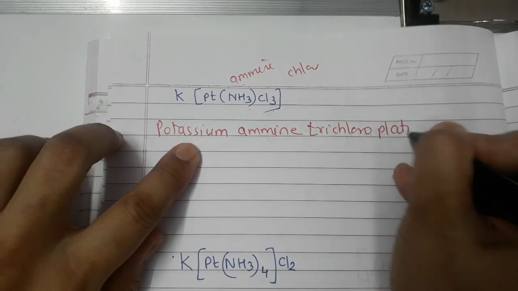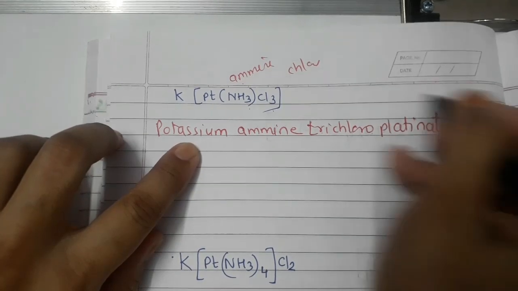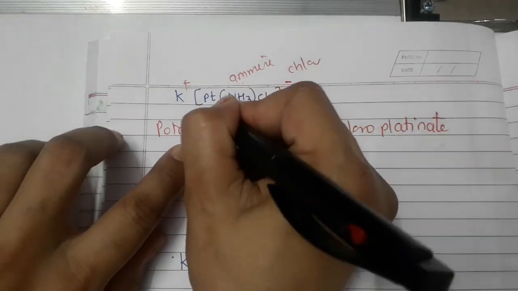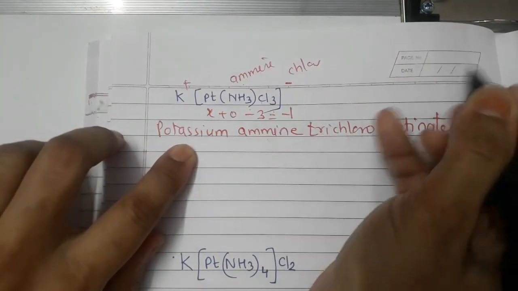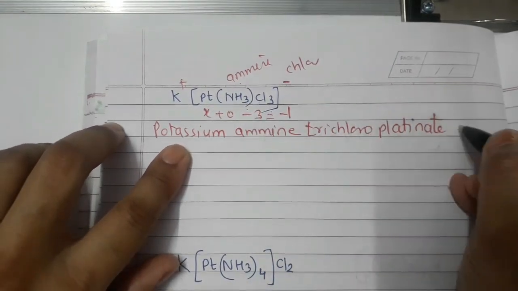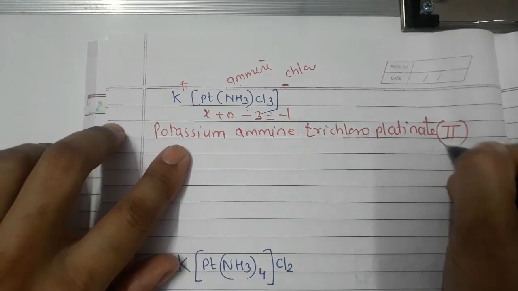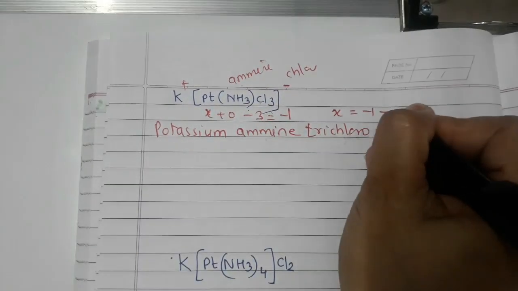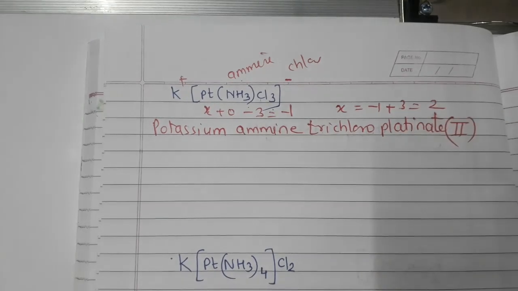It is platinate because it's a part of anionic complex. So x plus 0 minus 3 is equal to minus 1. So x is equal to minus 1 plus 3, which is plus 2.